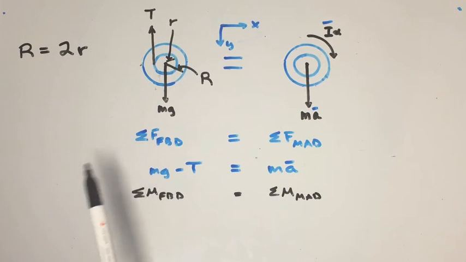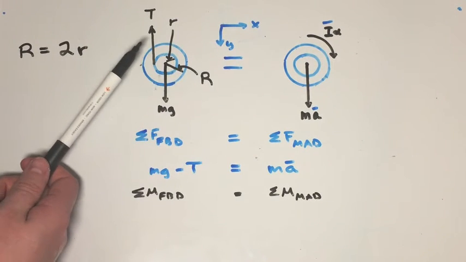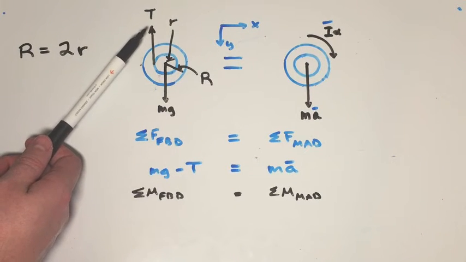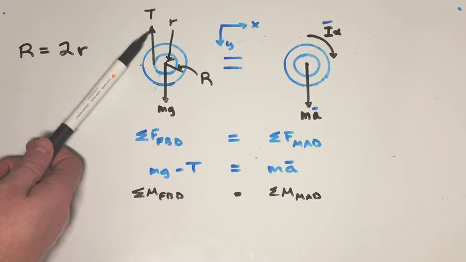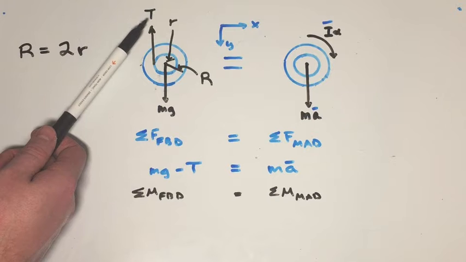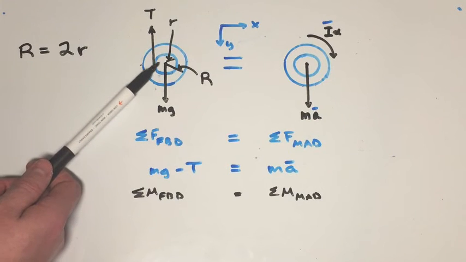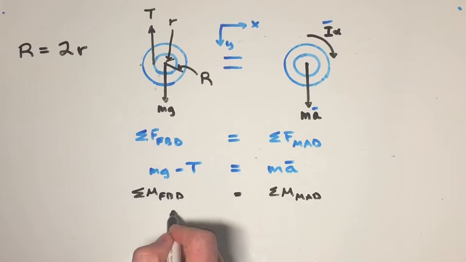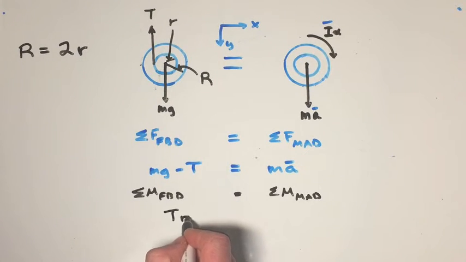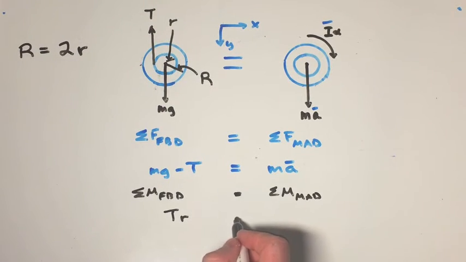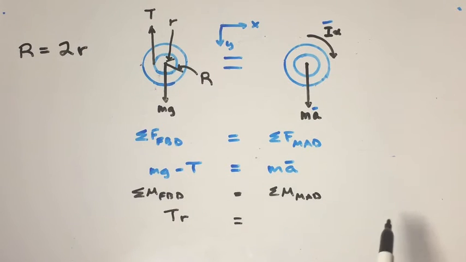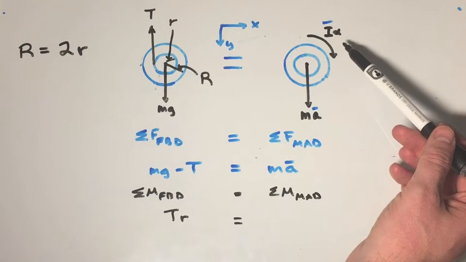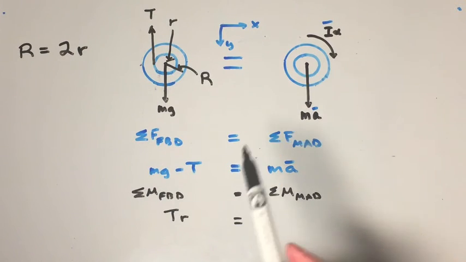And this is basically going to be the moment caused by the tension. That's the only moment that is going to be caused, and that would be the tension times the moment arm to the center, which would be little r, and that will be equal to the change in angular momentum, which would be I bar alpha.